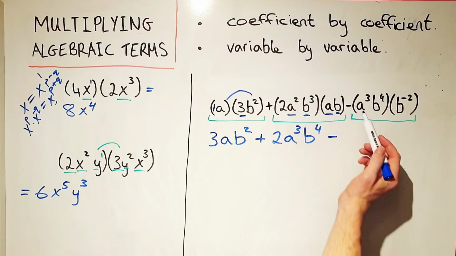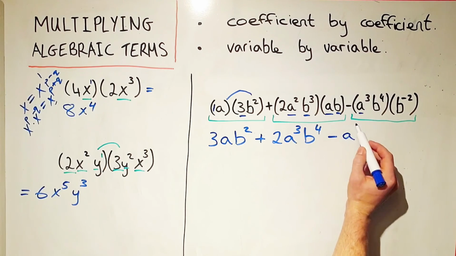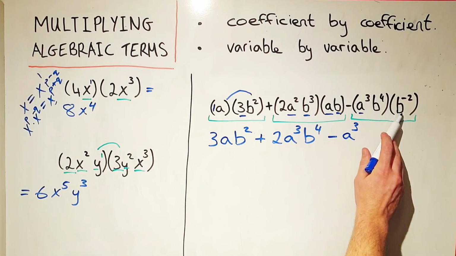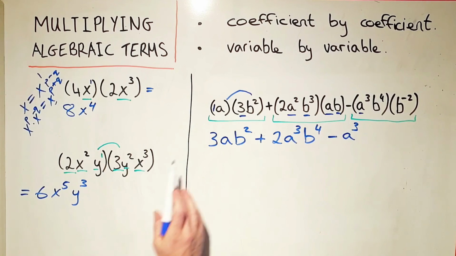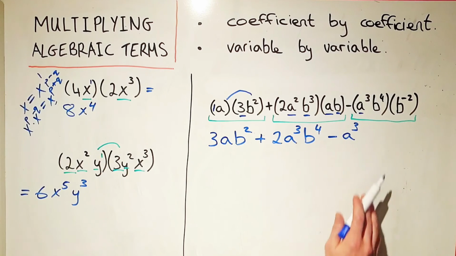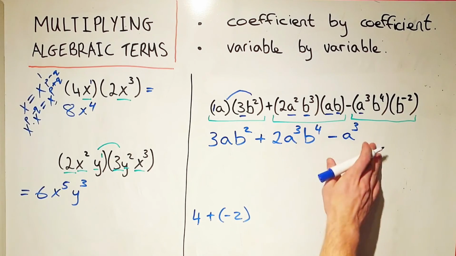But before we get to that, we have to deal with the first variable, which is a cubed. There's no a variable in here, so that just stays as a cubed. Now, b to the 4, b to the minus 2. If that was a positive 2, like in all the other examples, we would just add them together. So you're doing no different. If I said to you, what's 4 plus minus 2? That's essentially what you're doing.